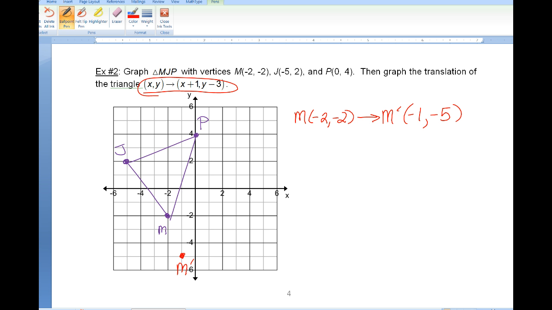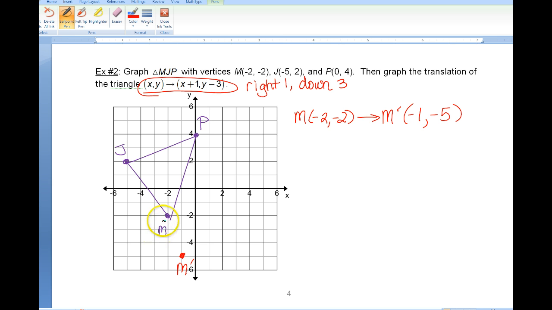Or just look at the translation. So what Elad said earlier, looking at what happens when you add or subtract to the x, that moves it over. Since it's a plus 1, we're going to go to the right 1. And then adding or subtracting to the y moves it up or down. Since it's minus 3, we're going to go down 3. If you already have the graph, this is probably easier.